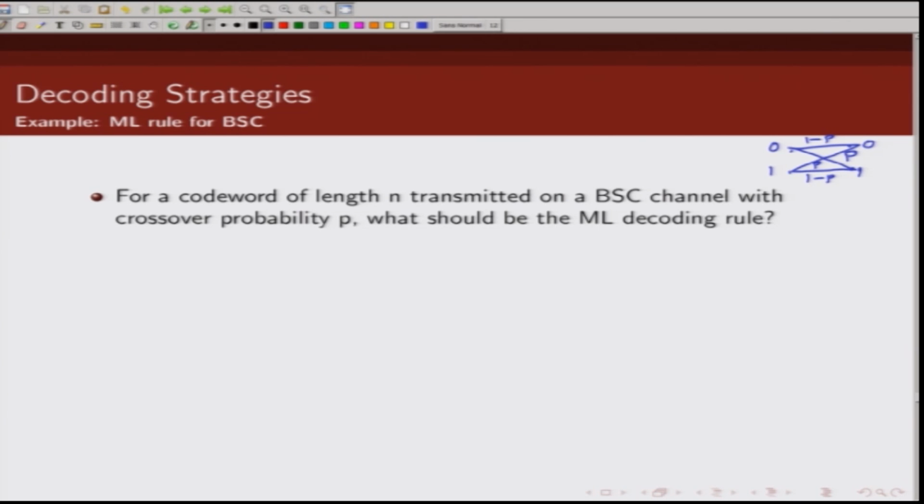So, the question I am asking is, if I have a code word of length n which is transmitted over a binary symmetric channel whose crossover probability is p, what should be my maximum likelihood decoding rule?